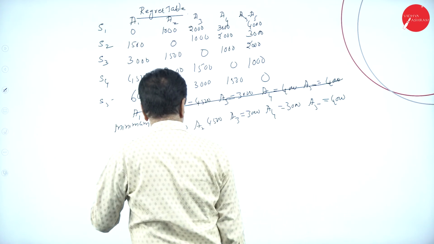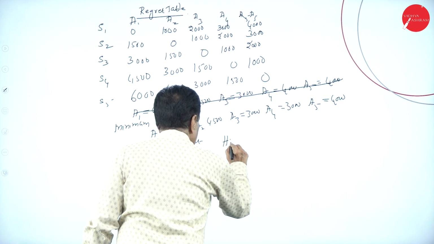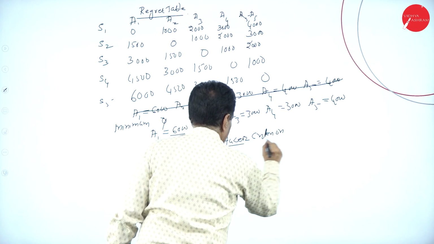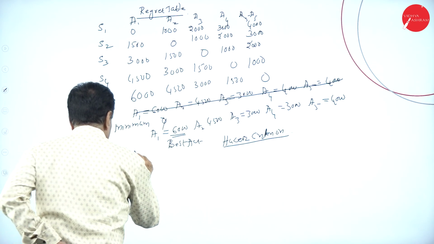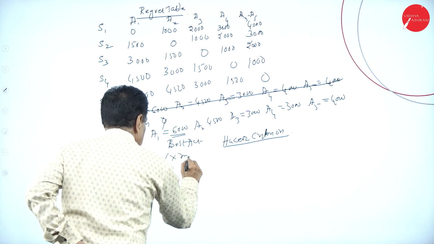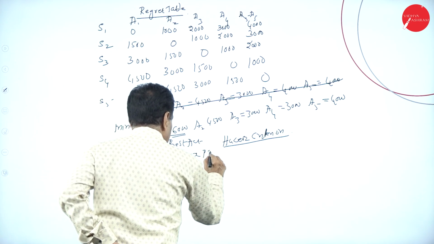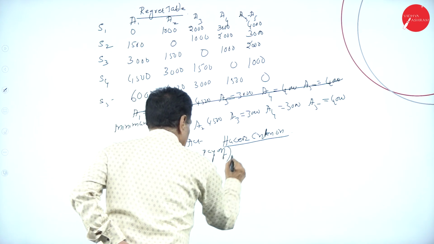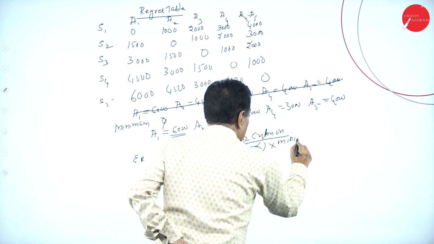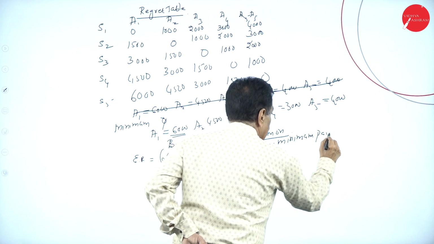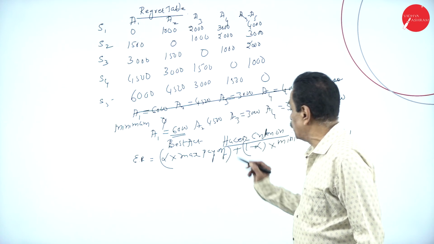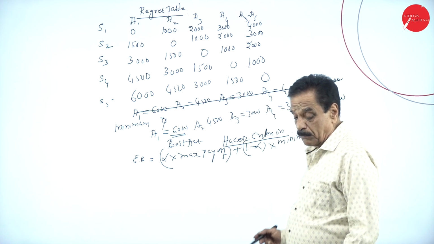Last one, Hurwicz criterion. Expected return is equal to alpha into maximum payoff plus 1 minus alpha into minimum payoff.